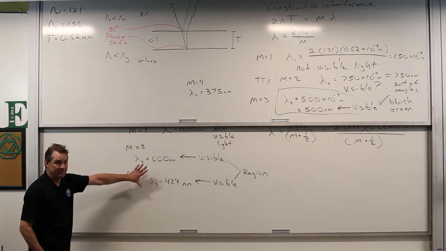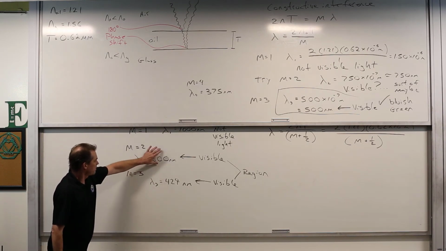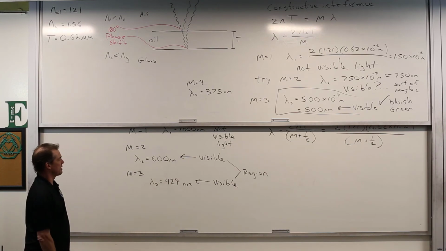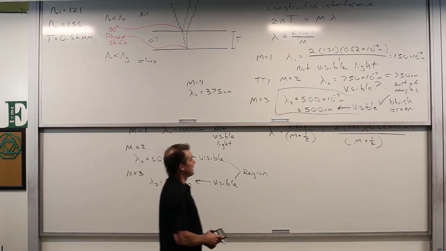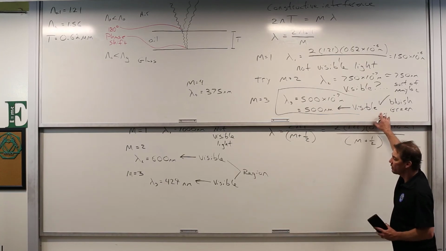You don't see them because we got destructive interference for them. So this reddish and this orangish and this violetish don't exist in the colors. Well, we have this bluish green enhanced. So you're going to kind of see this color dominate that white light.